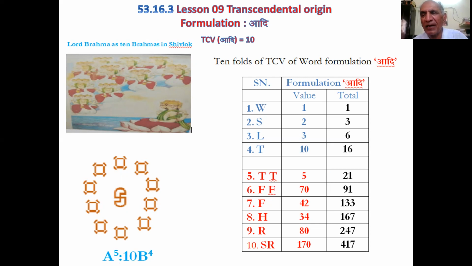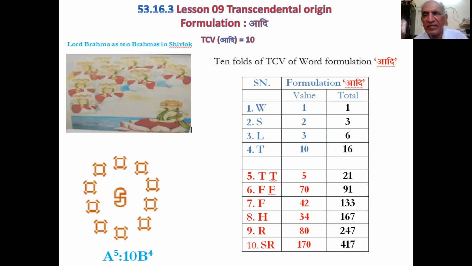It is of 10 components. The formulation Adi, with simple rendering as beginning, as initiation, as starting point, is accepting value 10 as TC value, parallel with the creative boundary of the transcendental domain itself being of 10 components.